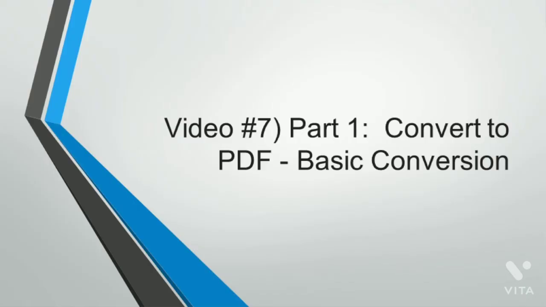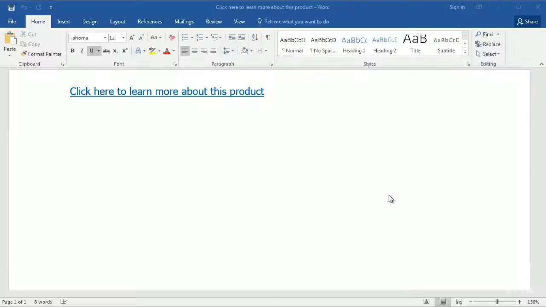Okay, so before we get started and we utilize the Part 1 WinZip software to convert your documents into PDF files, I want to make a note here. Some of you will have Microsoft Word document versions where if you convert it to PDF right away, the hyperlinks will work.